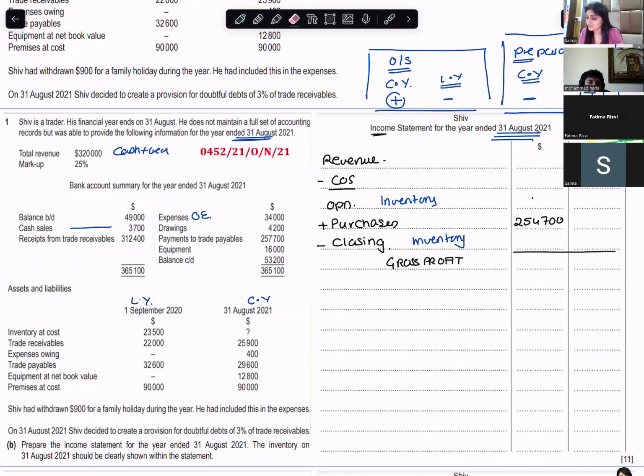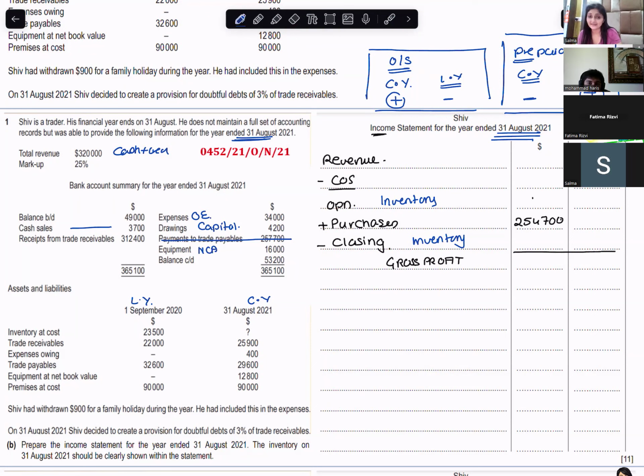Drawings should be adjusted in capital. Payment to trade payables I have already used. Equipment is a non-current asset. Miss, the withdrawn 900, shouldn't it also be in the income statement as other expense?